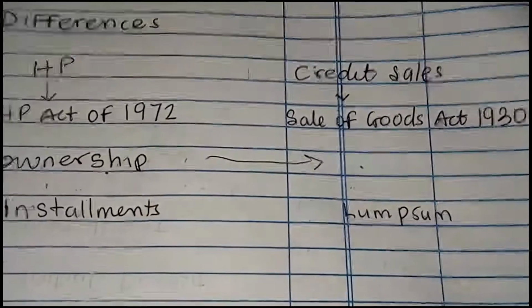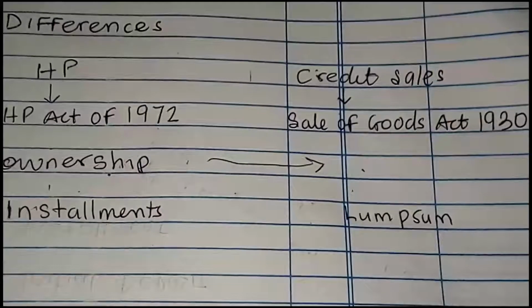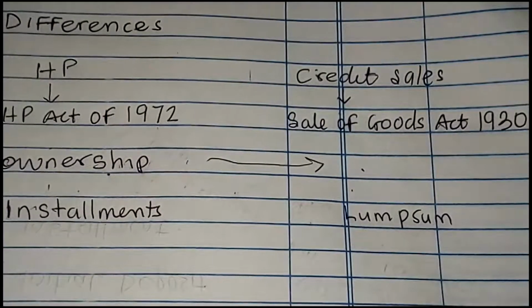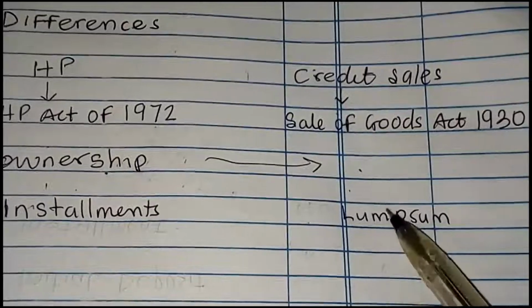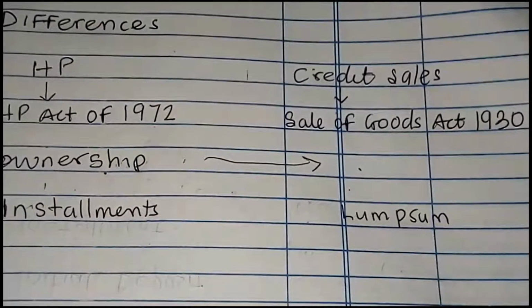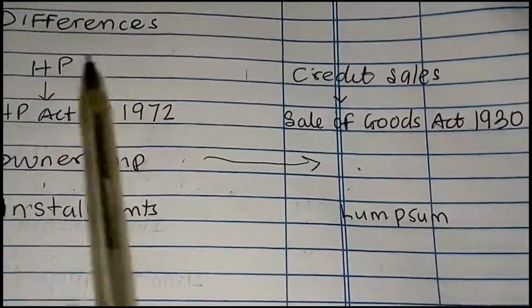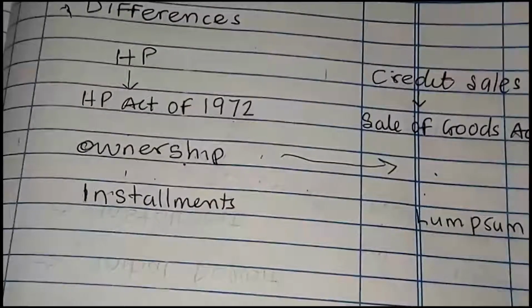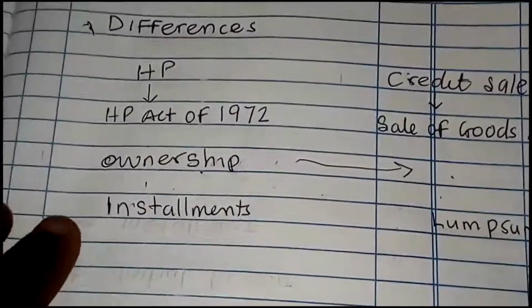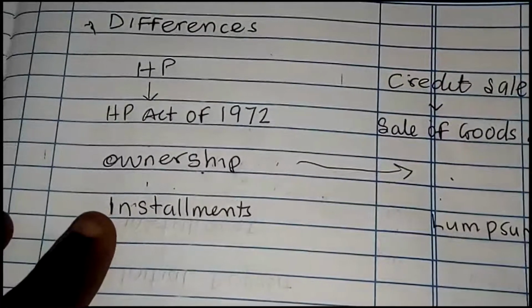Or sometimes you pay at once, that's cash sales, or you pay at a specified future date, which is credit sales. The sales could be credit or cash, but for hire purchase, the system is different. It's paid on an installment basis.